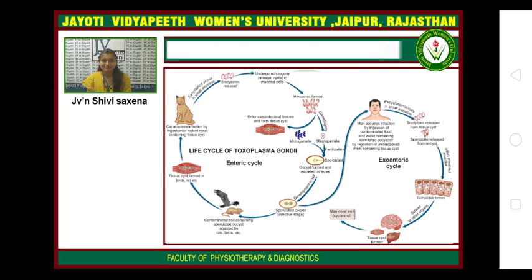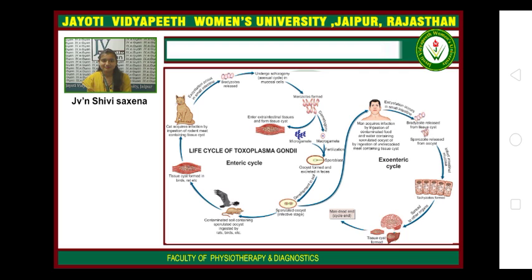Some merozoites enter extraintestinal tissue, resulting in the formation of tissue cysts in other organs of the body. Other merozoites transform into male and female gametocytes, and the sexual cycle, gametogony, begins with the formation of microgametes and macrogametes.